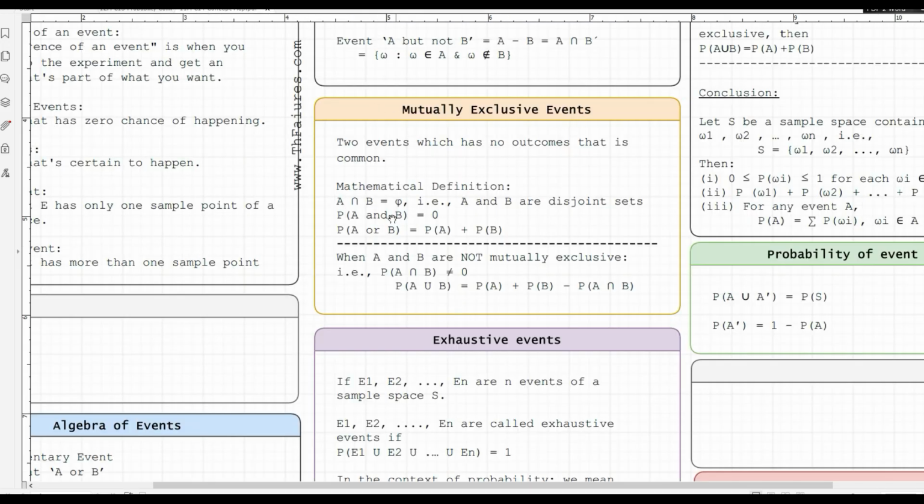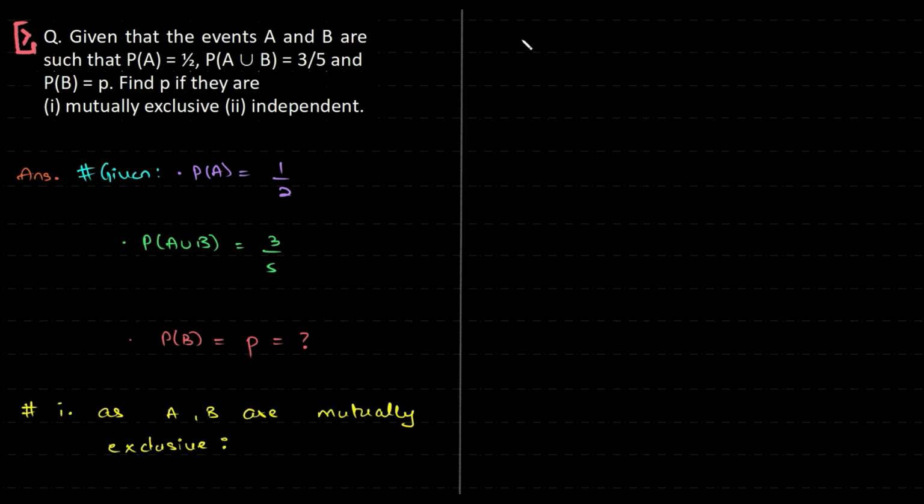That is, the elements or outcomes that are common are 0. So we can make use of the probability of A union B, not intersect, is equal to the probability of A plus the probability of B, right? Because the intersect part is 0.